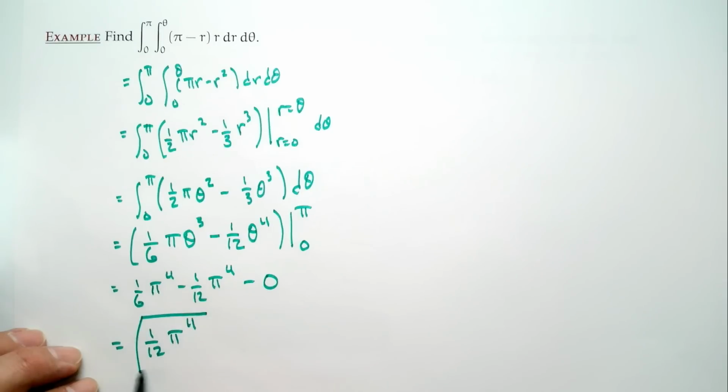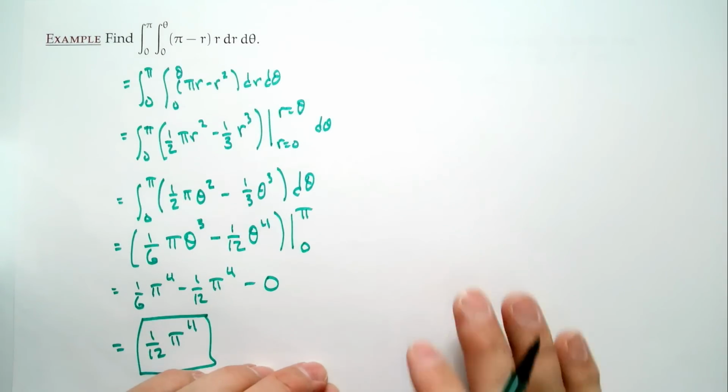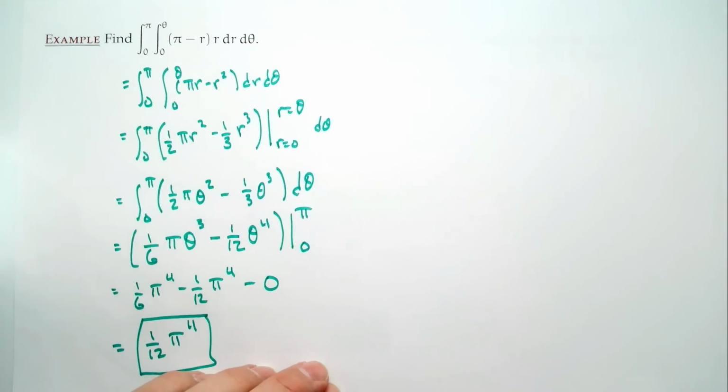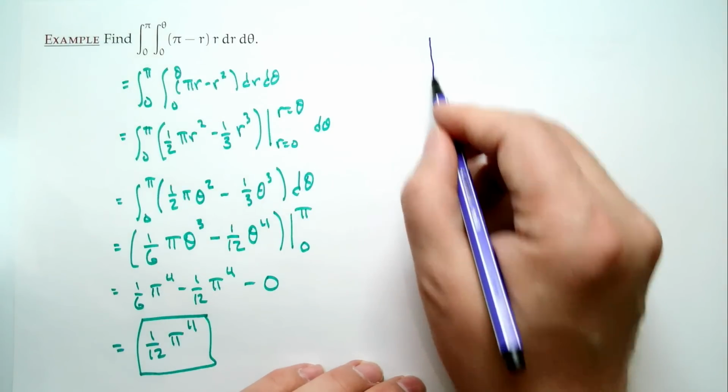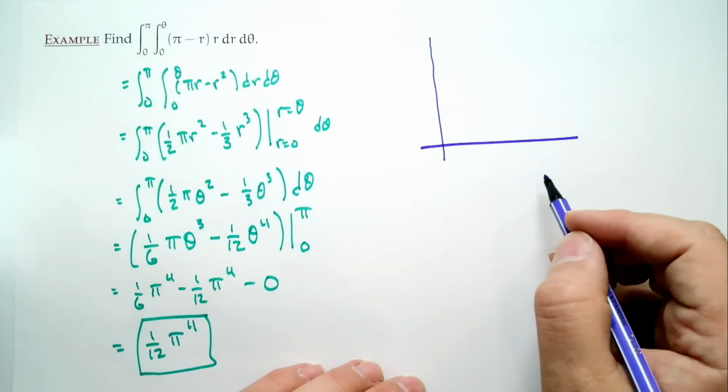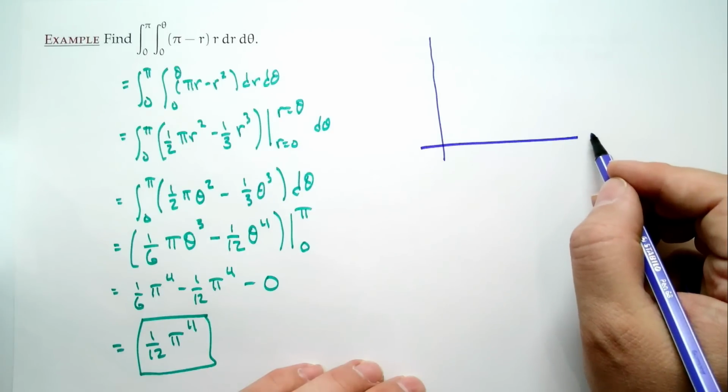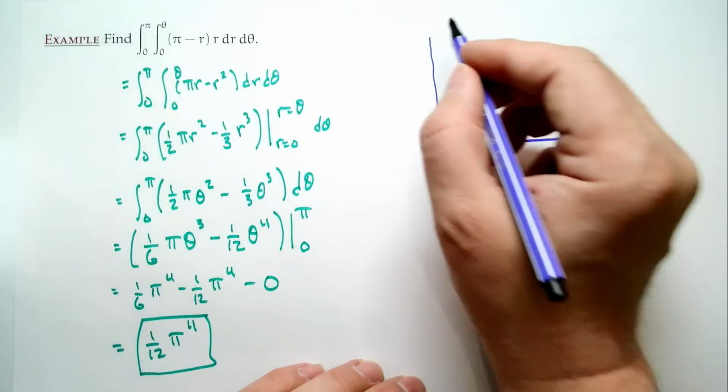Now, the question is, what did we just find? There are two possibilities. Let's think about what they are. One possibility is to think of it not in terms of polar, but in the r theta plane.